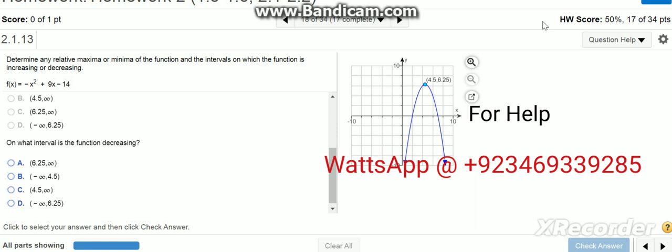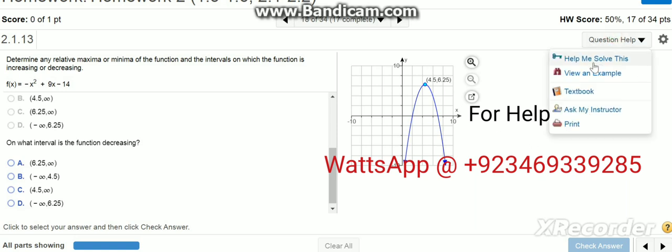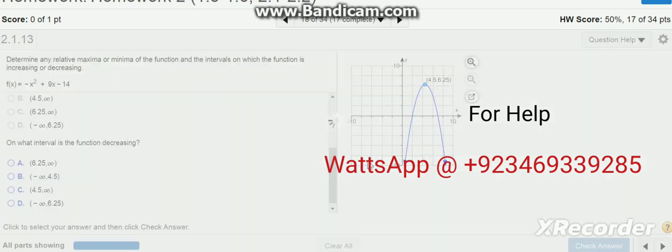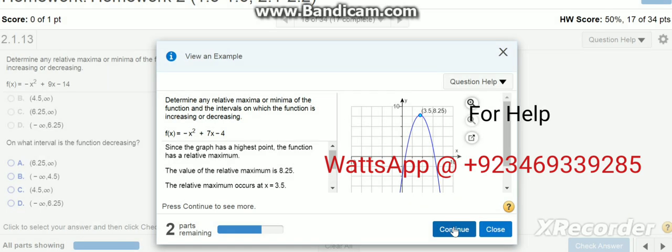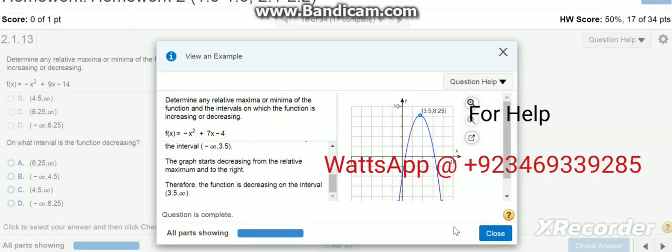Let's move. Decreasing, at which point is it decreasing? 3.5 to infinity.